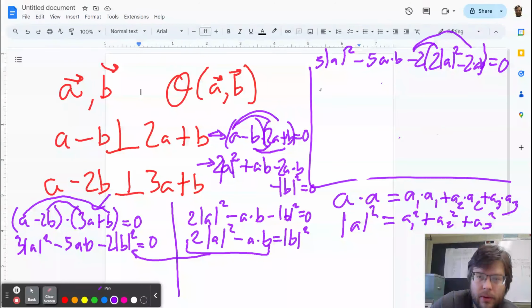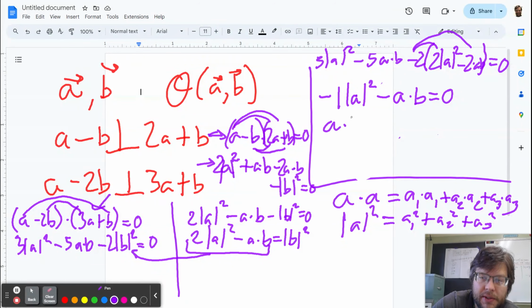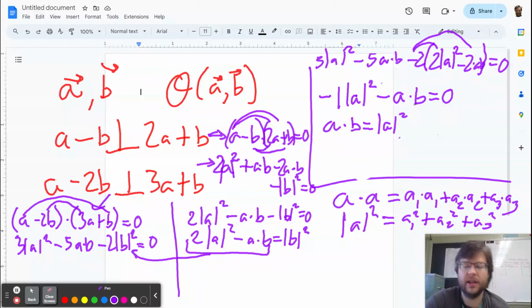So negative 4 would mean I have 3 minus 4, which is negative 1 magnitude of A squared. And then if I have a positive 4, I'd have minus 1 A dot B, and that equals 0. And so if I solve for that, I can say A dot B equals, or I guess negative magnitude of A squared. Okay, gotta be careful there.